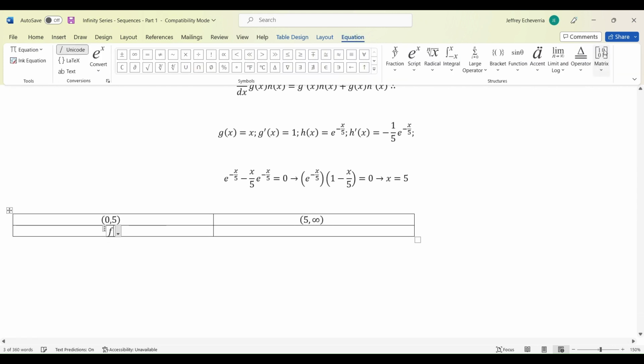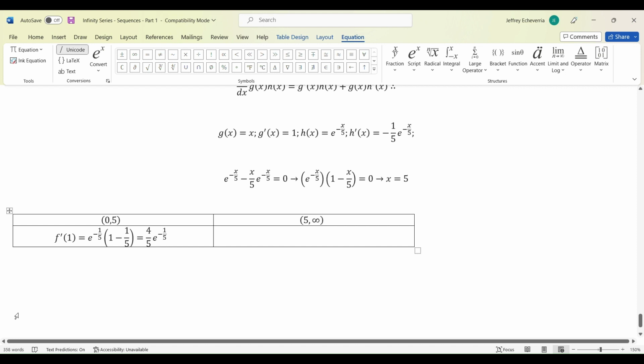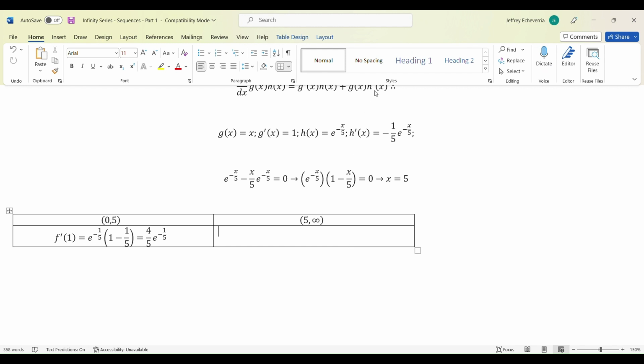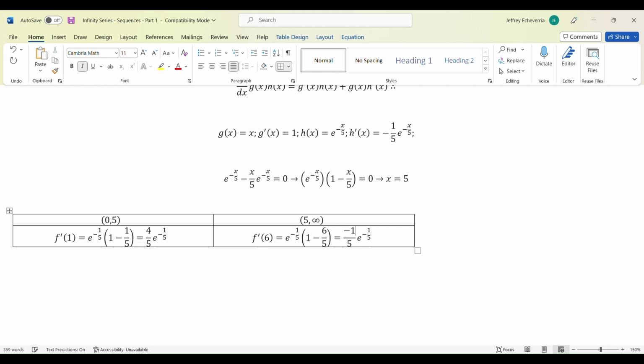Let's choose f prime of 1, which gives us e to the negative 1/5 times 1 minus 1 over 5, which gives me 4/5 e to the negative 1/5, which is a positive number. And to simplify this process a little more, we will replace this with a 6. So it'll be 6/5, which gives me negative 1/5.